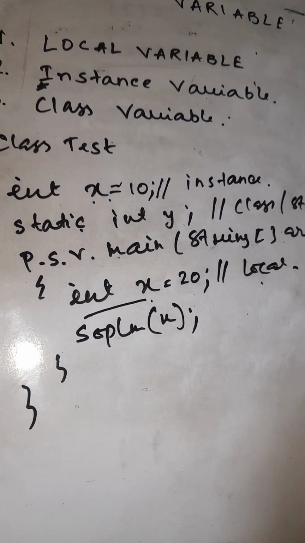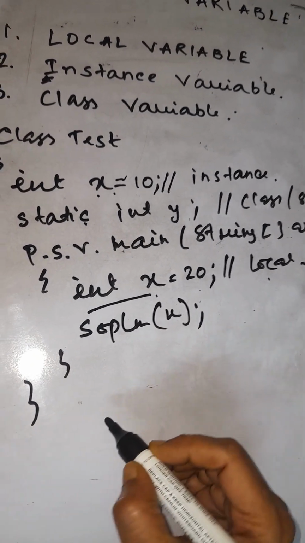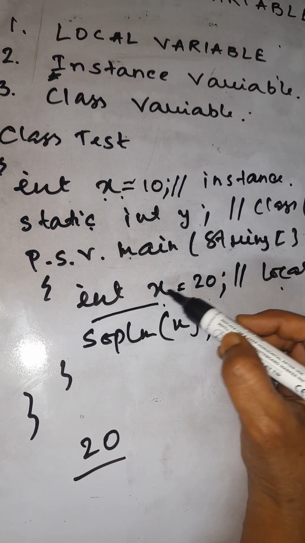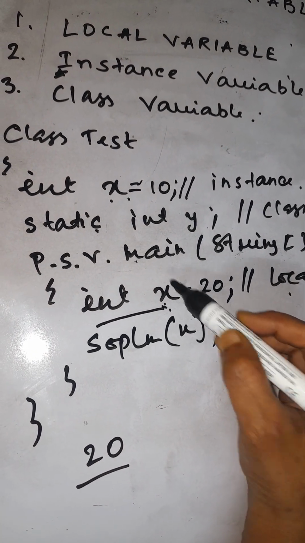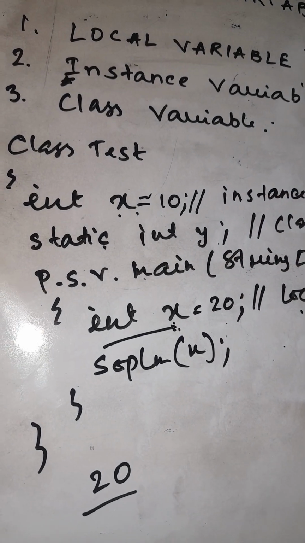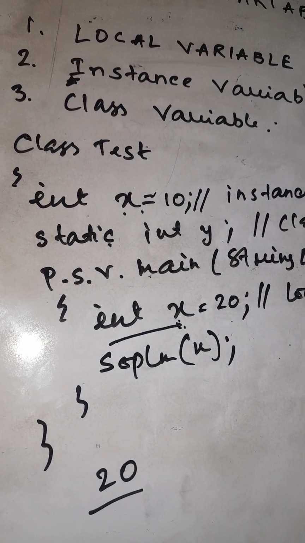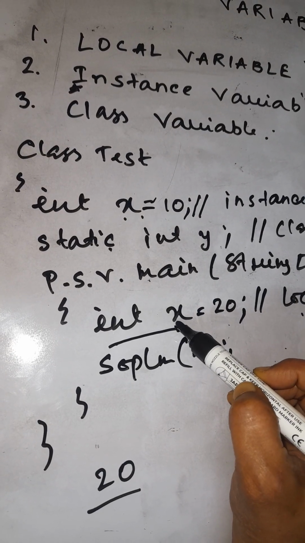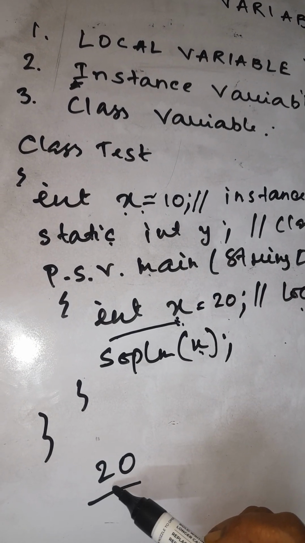When you execute this program, your output will be 20. Which x will be printed? This one, because local variable priority is higher than your instance variable or class variable. So my x will be 20.